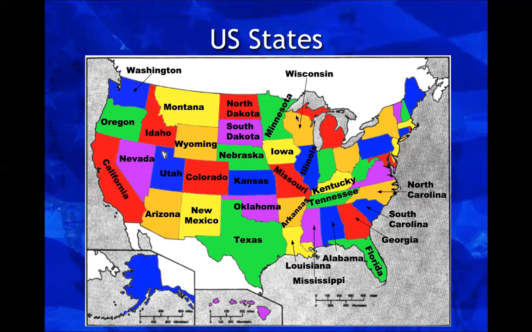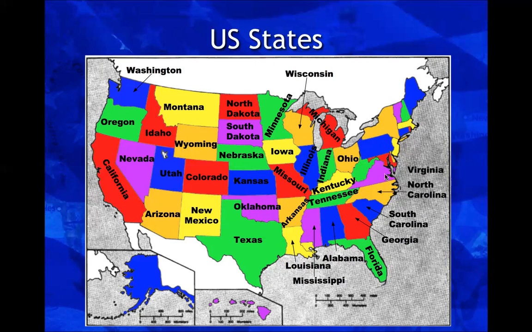Wisconsin is right here, well known for its dairy farming. Michigan actually encompasses two separated pieces of land, the Upper Peninsula here, and then the rest of Michigan right there. Indiana is this state right here, right next to Illinois, right south of Michigan, and then right next door to that is Ohio.